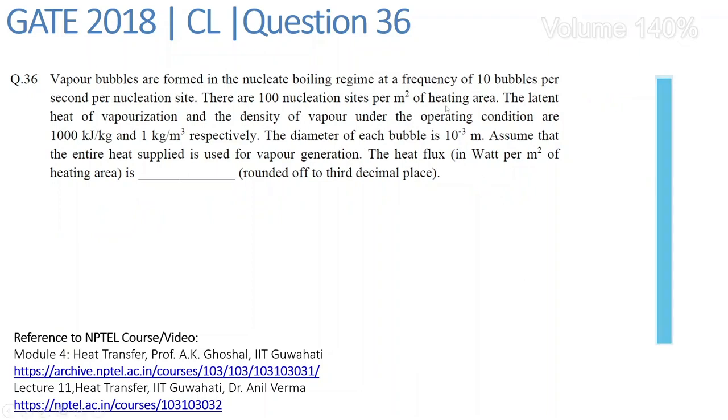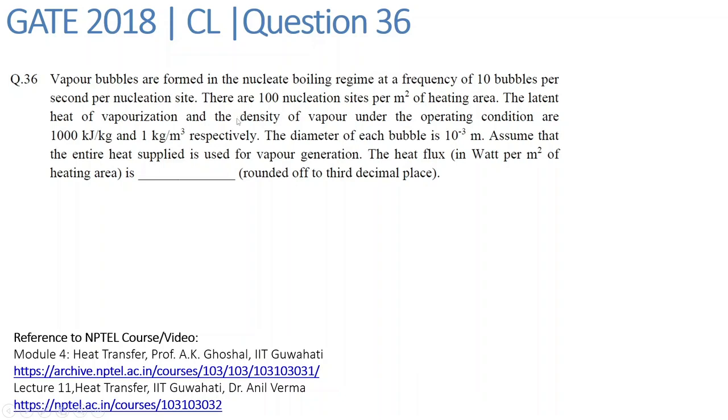Hello everyone. We are solving question 36 of the GATE 2018 chemical engineering paper from the subject of heat transfer. Vapor bubbles are formed in the nucleate boiling regime at a frequency of 10 bubbles per second per nucleation site. There are 100 nucleation sites per meter square of heating area.